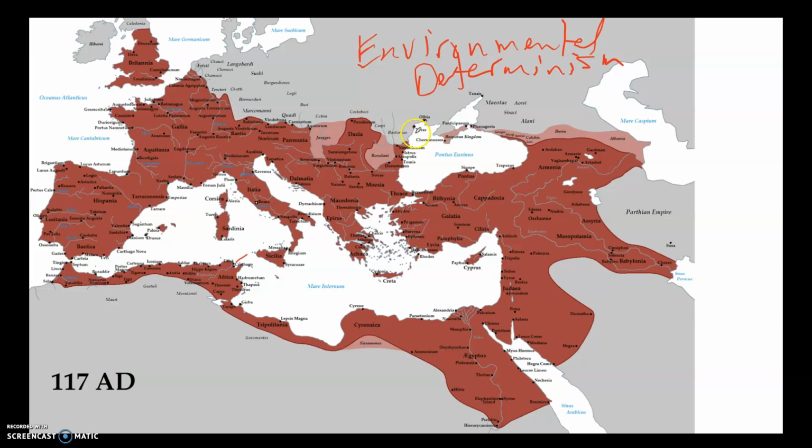So we just finished Greece, and we saw that the environment of Greece was not particularly advantageous to unification. There was fragmentation, conflict, wars with city-states because the terrain was hilly and disconnected the population.